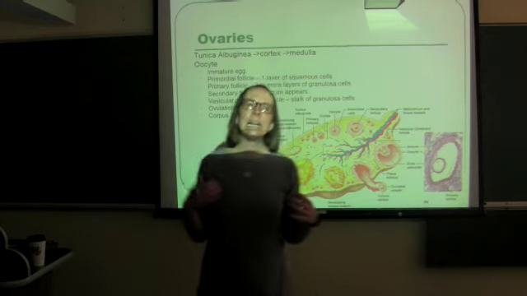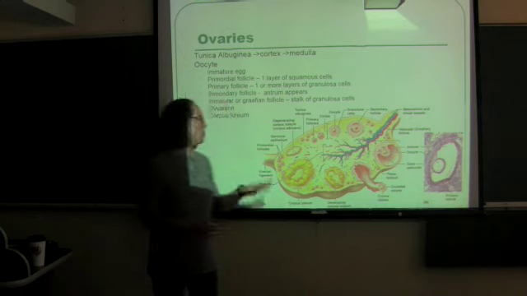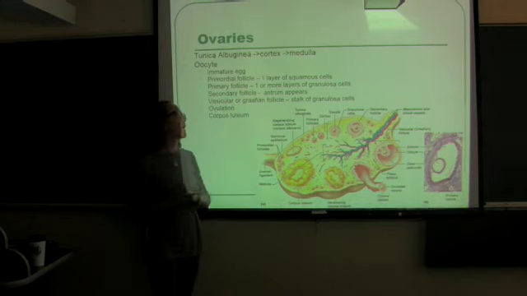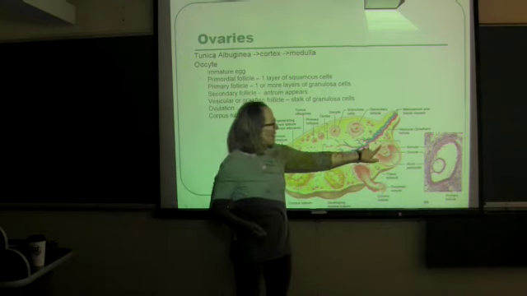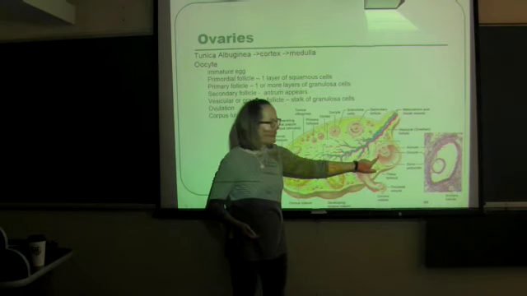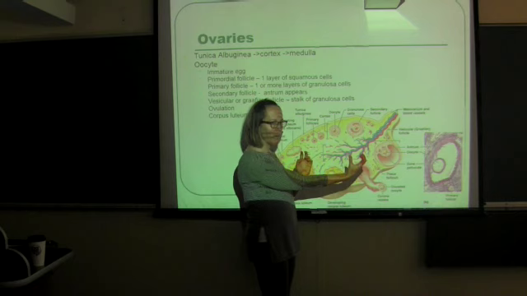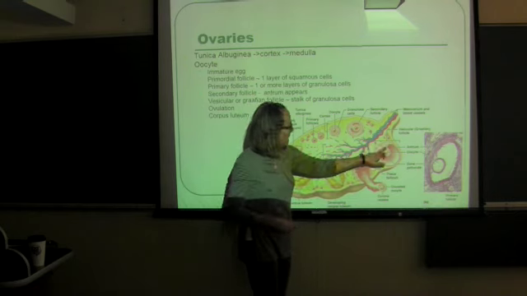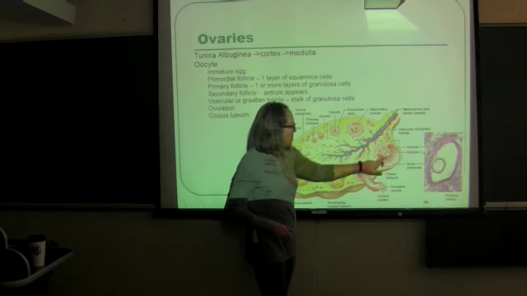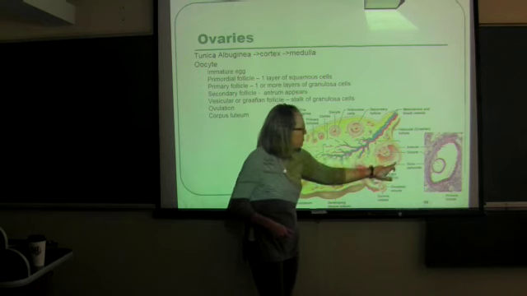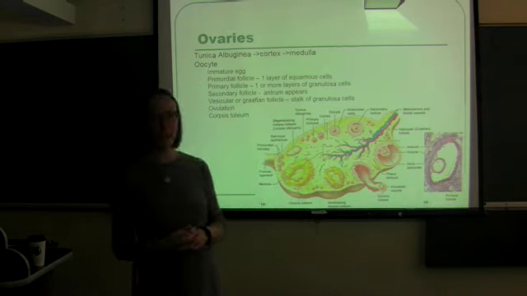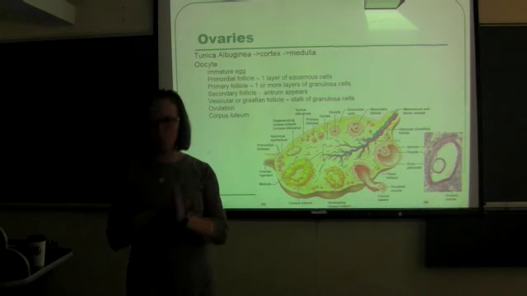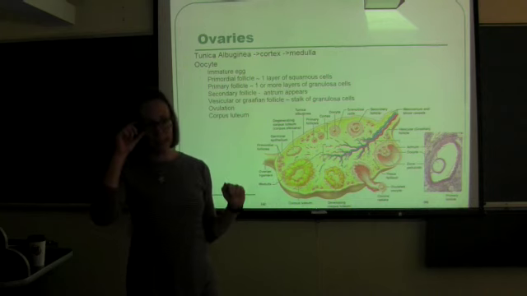Okay, a late secondary, which is also known as vesicular or graafian, starts to move that egg almost out on a stalk of cells. See how this antrum's really big and it forms like a C shape around it? And there's a stalk of cells there, and you still have those granulosa cells or those cuboidal cells around it. That's getting ready to come out when it's at that point.